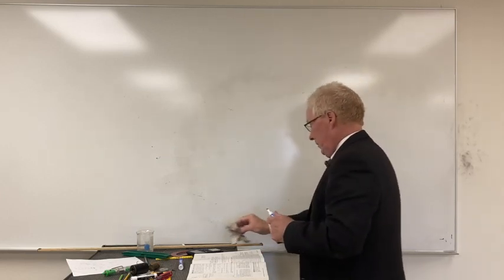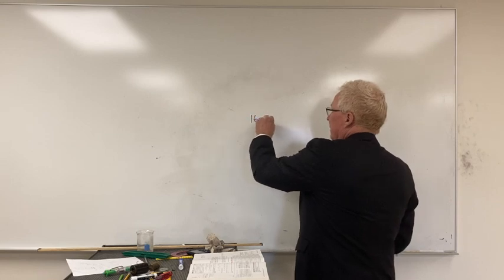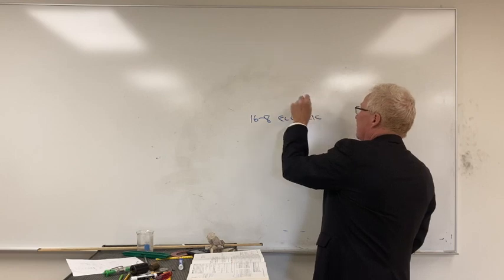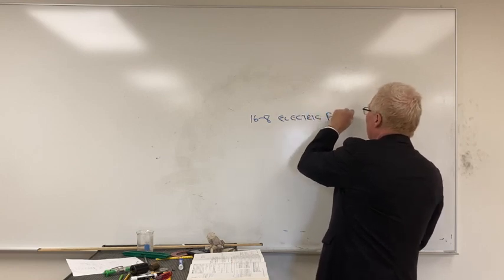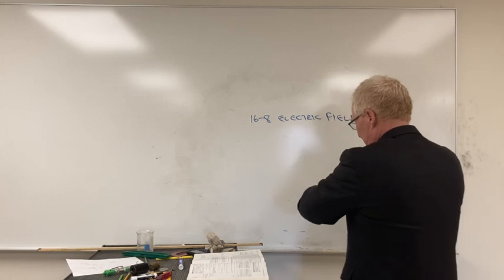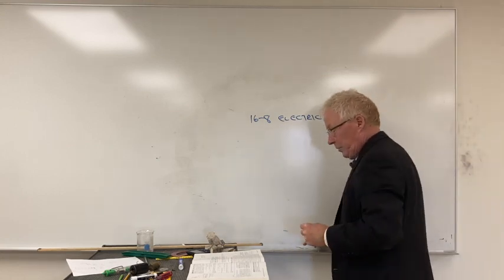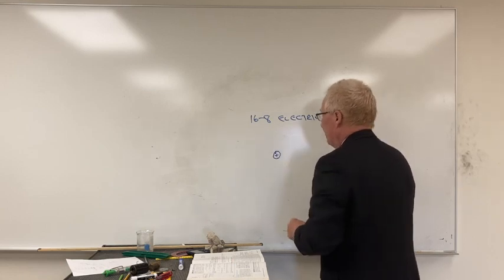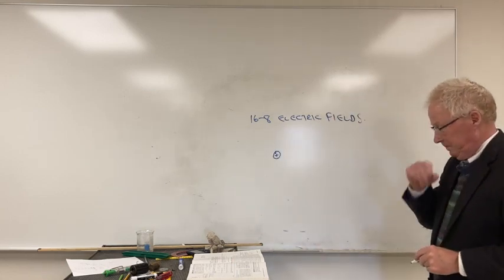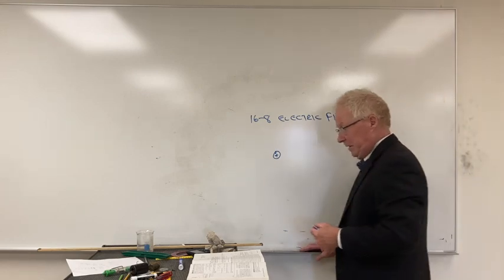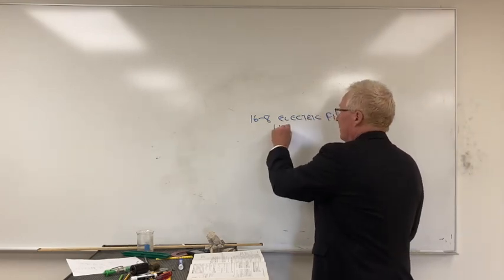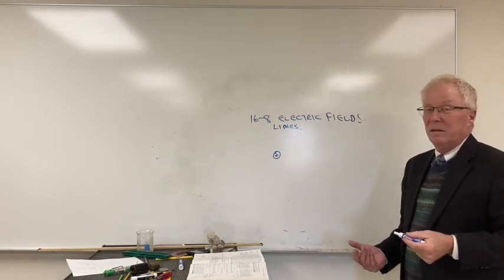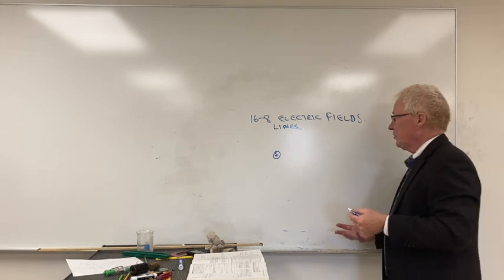The next section we're going to cover is 16.8, electric fields. In this case, what if we have a positive charge here, a proton there? An electric field is made of lines that indicate where another charge would go.